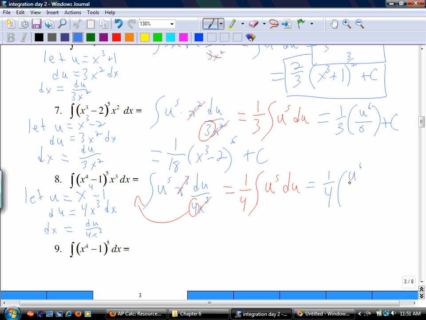Again, I get u to the 6th over 6 plus c. So what's the fraction out in front then? Yeah. So the fraction out in front is 1 over 24. I can replace u with what it was, which was x to the power of 4 minus 1, power 6 plus c.